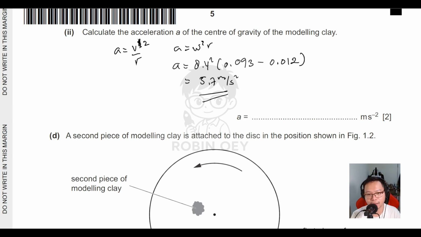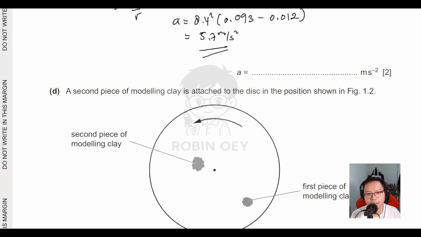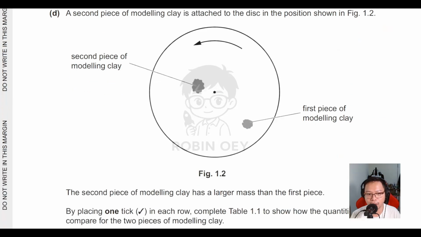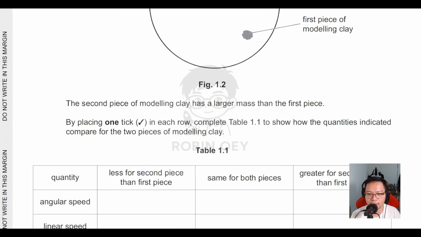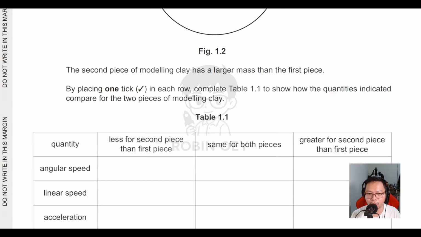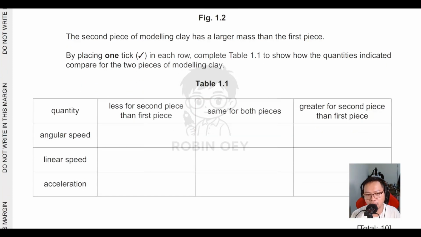Sorry, acceleration. And then a second piece of modeling clay is attached to the disc in the position shown in figure 1.2. By placing one tick in each row, complete table 1.1 to show how the quantities indicated compare for the two pieces of the modeling clay. So first of all, angular speed. The angular speed would be same for both pieces, because why?